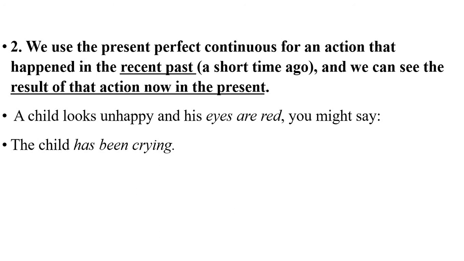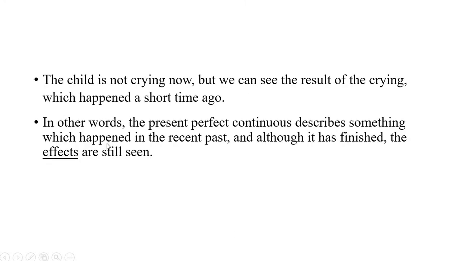This is the result now, but the action has taken place before now. Now he just looks happy, but the eyes are red. So now he is not crying, he has been crying. Okay? The child is not crying now, but we can see the result of the crying. The result of the crying is the eyes are red.